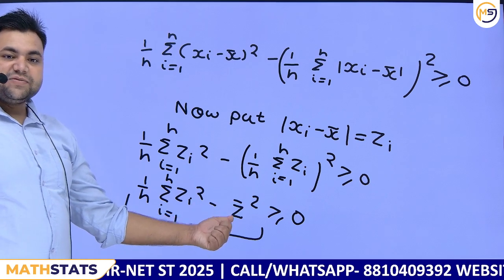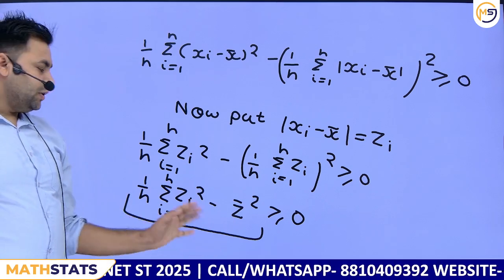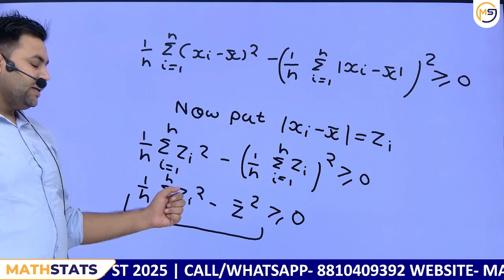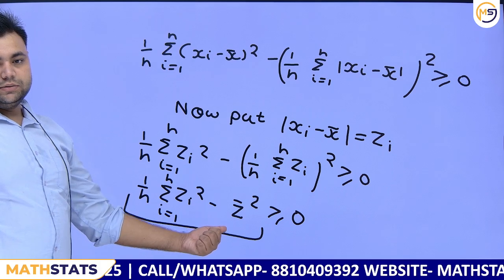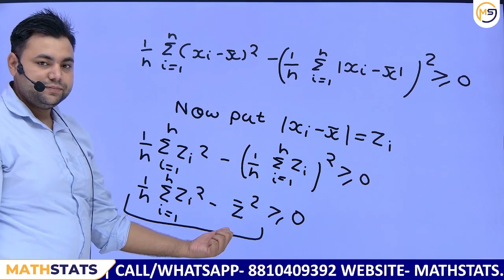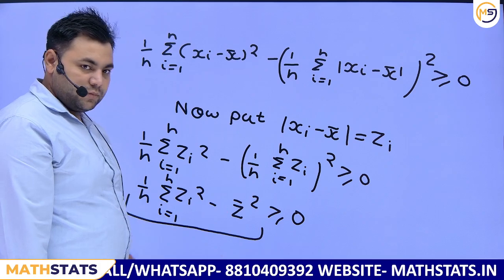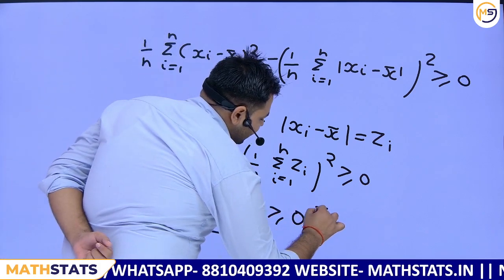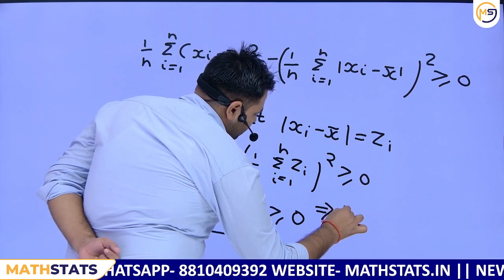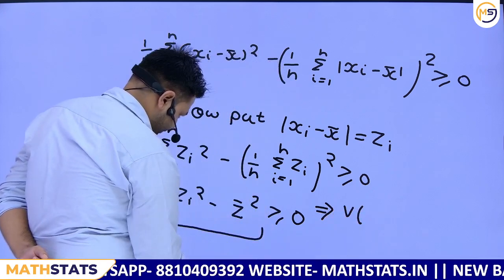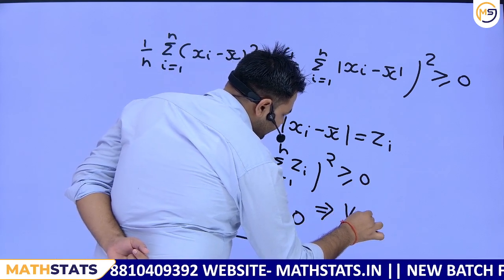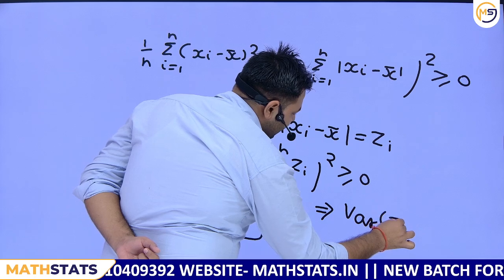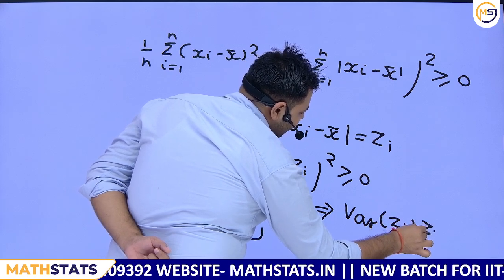What is the value of this formula? 1 upon n summation i equal to 1 to n zi square minus z bar square. Anyone? Variance of zi. Okay, so this is variance of zi, right? So variance of zi is greater than or equal to 0.